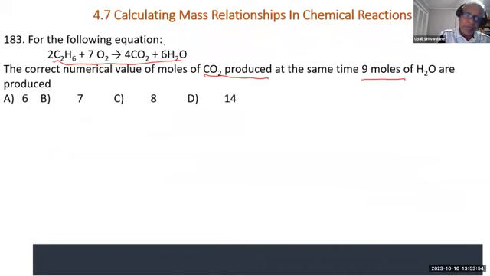That's 6 to 4 right here. 6 moles of water produce 4 moles.